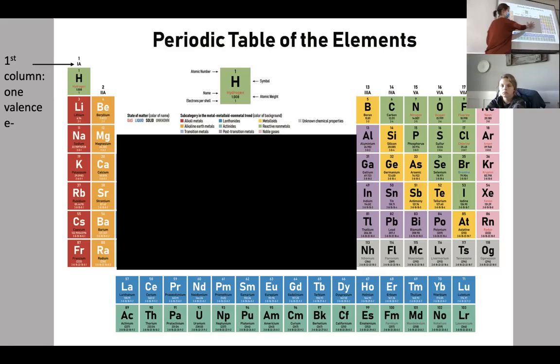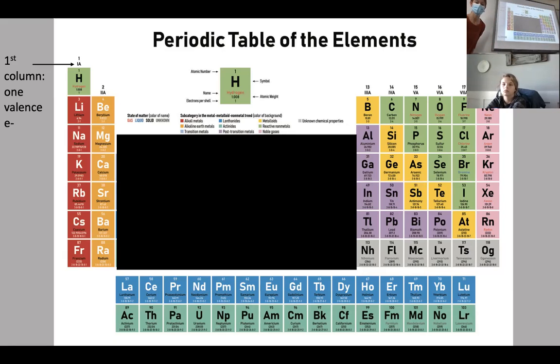If you ignore all of these columns in the middle, you can go 1, 2, 3, 4, etc. You can count over. That's the number of valence electrons in each atom. So if we look at lithium, which is something we won't really talk about, it only has one valence electron, and that's what we're most interested in. Sodium too, we'll talk about sodium.